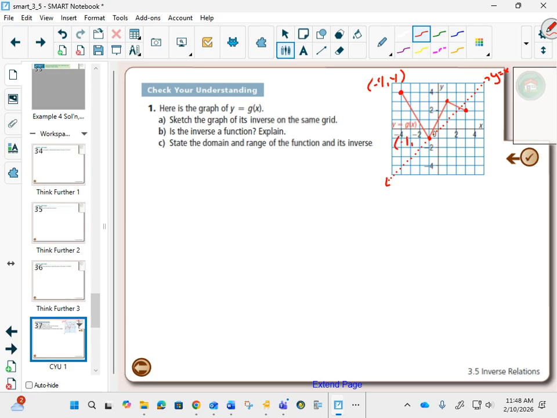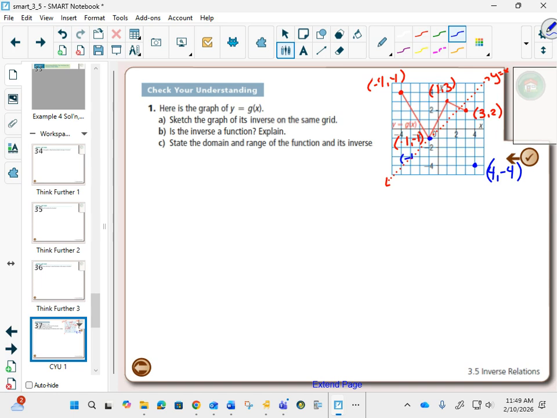This one is at -1, -1. Here we have 1, 3. And here we have 3, 2. I'm going to take each of those points and switch the x and the y. So on -4, 4, I'm going to now draw a dot at 4, -4. -1, -1, what happens when I switch the x and the y there?